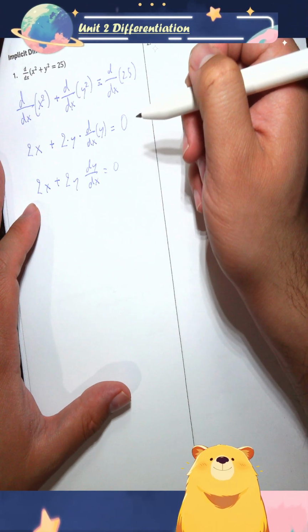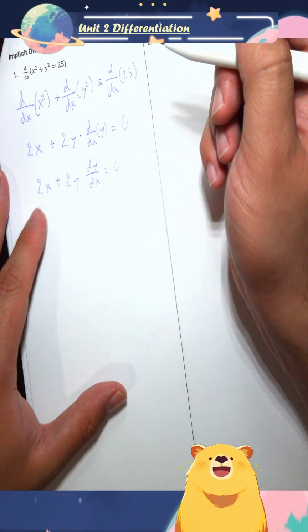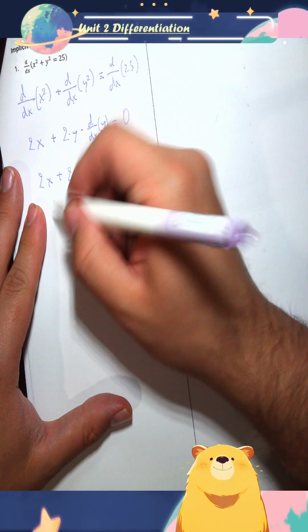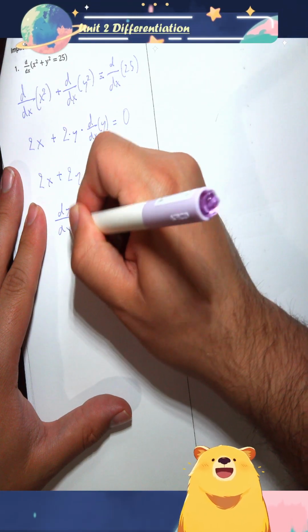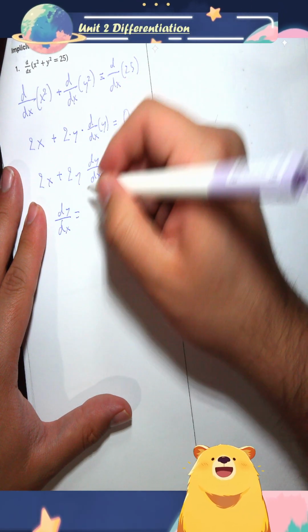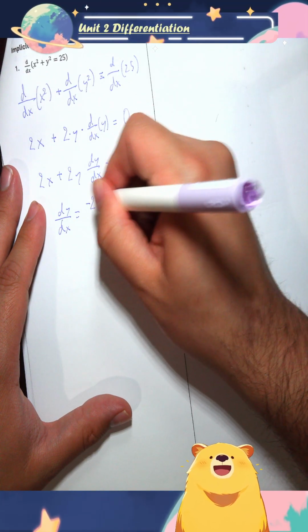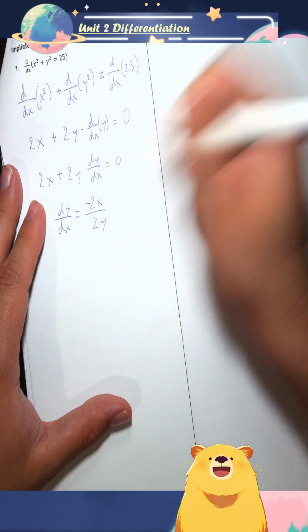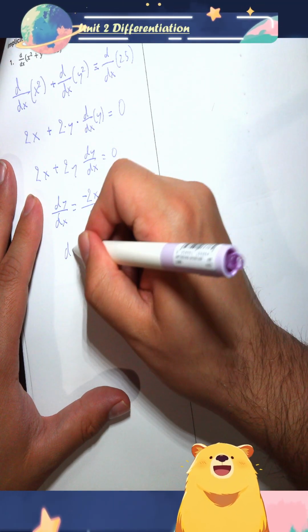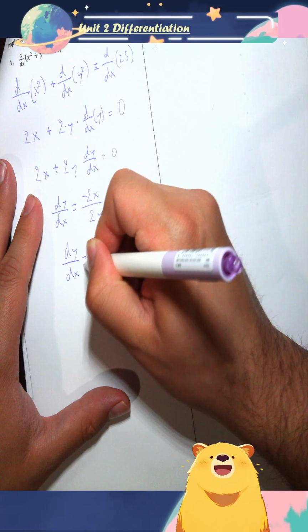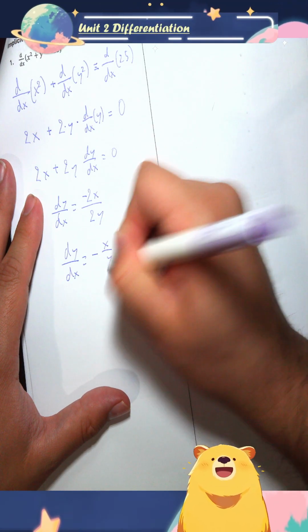And then you can go ahead and solve for dy in this way. We have dy over dx is equal to negative 2x over 2y. Simplify this a tidbit and get rid of the 2's, and you have negative x over y.